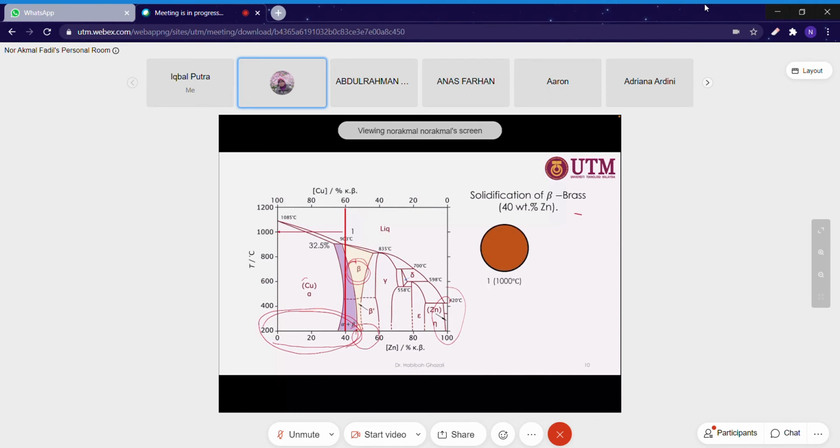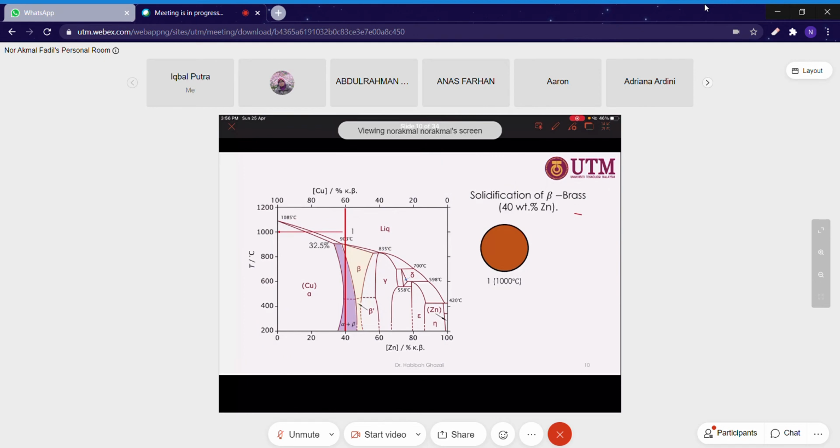All right. When we discuss alloy behavior during cooling from liquid, for example, let's say this copper containing 40% of zinc. The melting temperature is of course above 903.